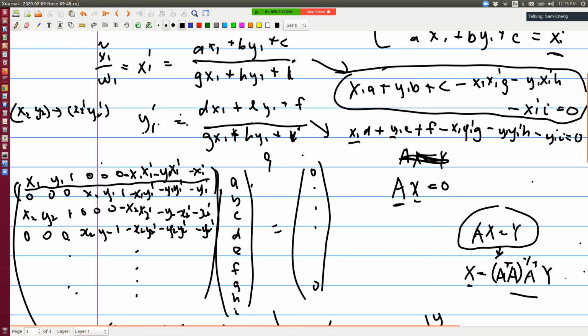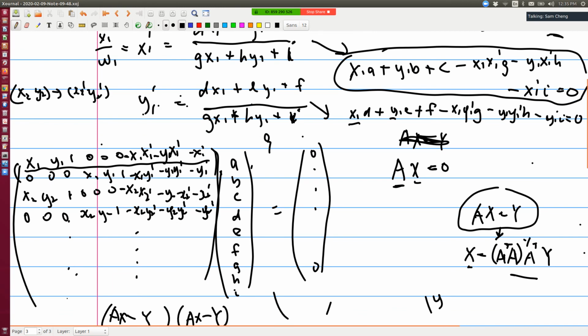Who says yes, who says no? Do you get my question? If you look at this, I can call this A. If I have 5 pairs of coordinates, I can form A, and I call this x equal to 0. Now I basically have the problem Ax equal to 0, and I need to solve for x.